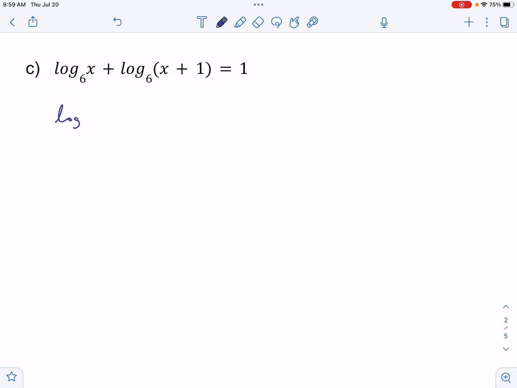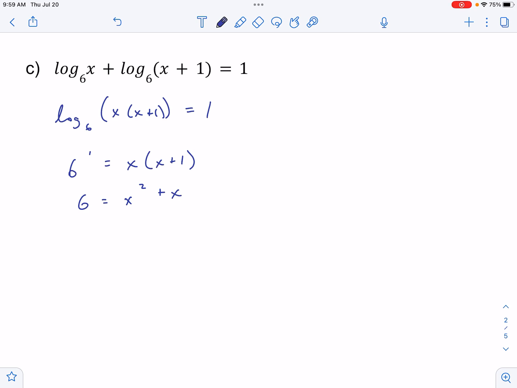So this is going to be log base 6 of x times x plus 1 is all equal to 1. This makes it easy for me now to rewrite this as an exponential equation. So I know that 6 to the power of 1 is going to be x times x plus 1, or just 6. I'm going to expand here. This will be x squared plus x.